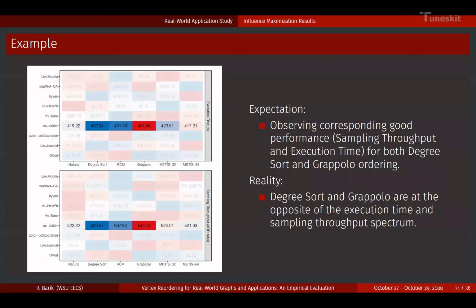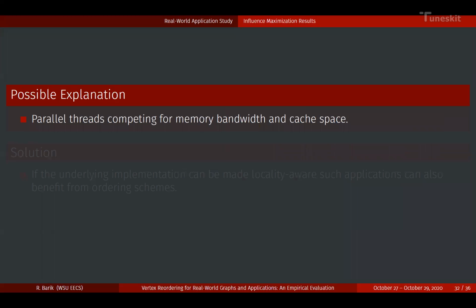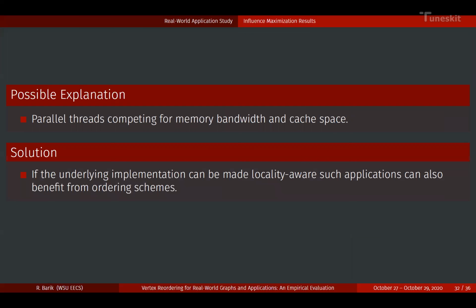We hypothesize that this is due to parallel threads competing for memory bandwidth and cache space. So despite what looks like a modest role that reordering plays in the influence maximization application, we posit that one will see the benefit of reordering if the underlying implementation is made locality aware.